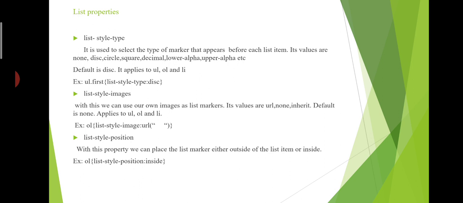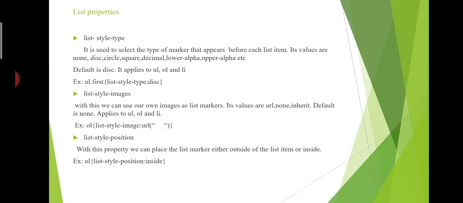See one example I have given here. In the ordered list I have mentioned list-style-image colon URL, and within the brackets we have to provide the URL of the image which we are going to set as the bullet point or marker point.